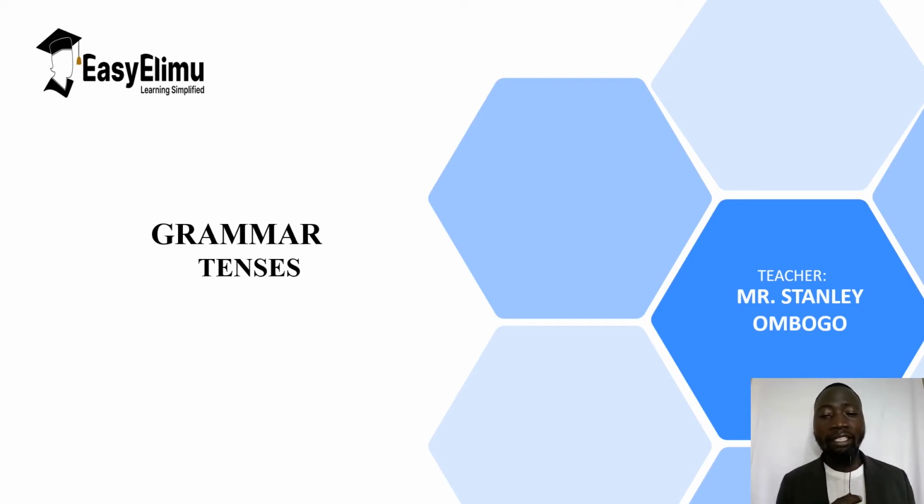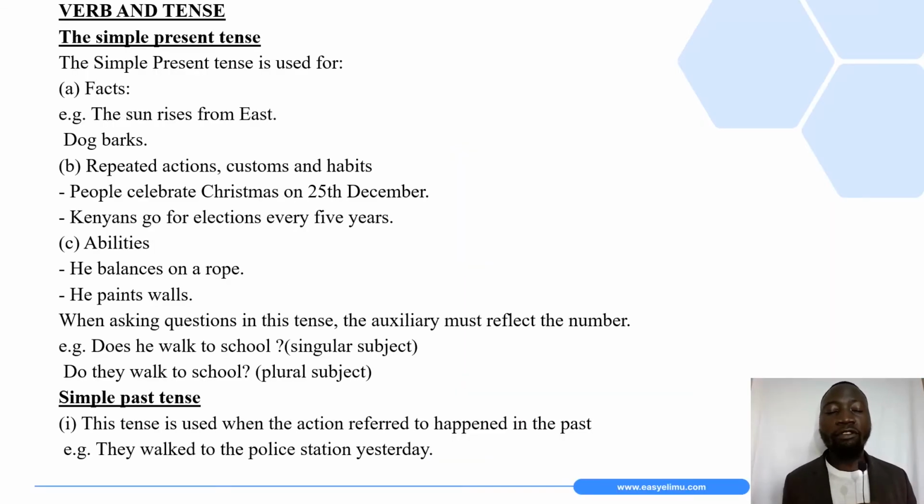Just to remind you of some of the things we talked about previously, we said that auxiliary verbs have two categories: the primary auxiliary and the modal auxiliary. Primary auxiliary is further categorized into three forms: the form to be, the form to have, and the form to do.